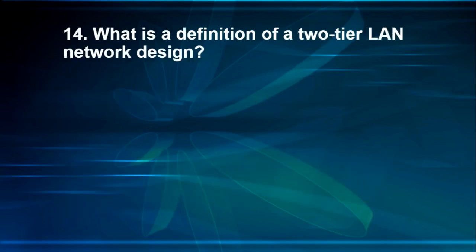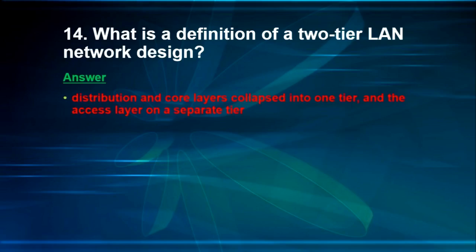Next, question 14. What is a definition of a two-tier LAN network design? The answer is distribution and core layers collapse into one tier and the access layer on a separate tier. Explanation.